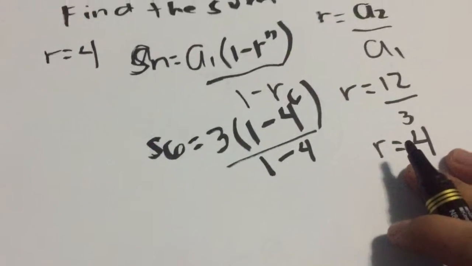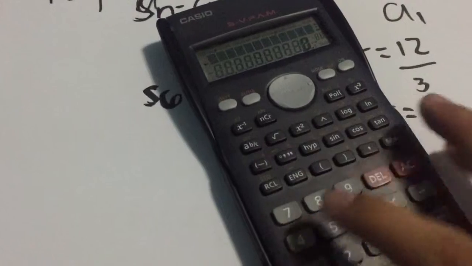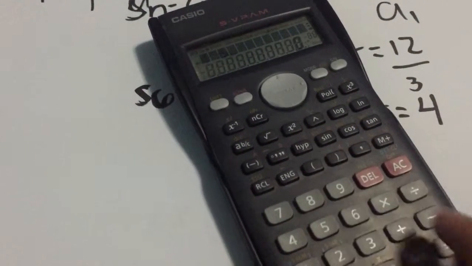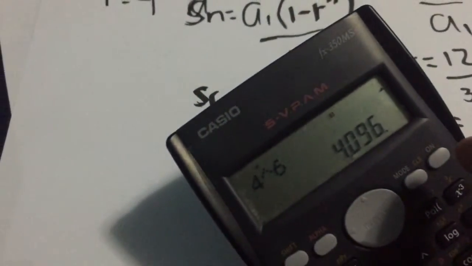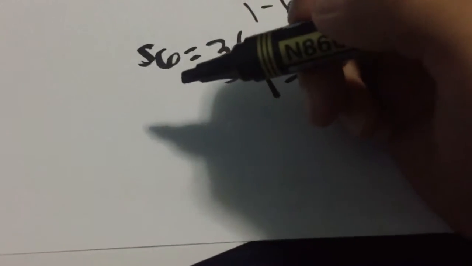So let's start off by raising 4 to the 6th power. We're going to use our calculator. So 4 raised to the 6th power is equal to 4096. So that's high.